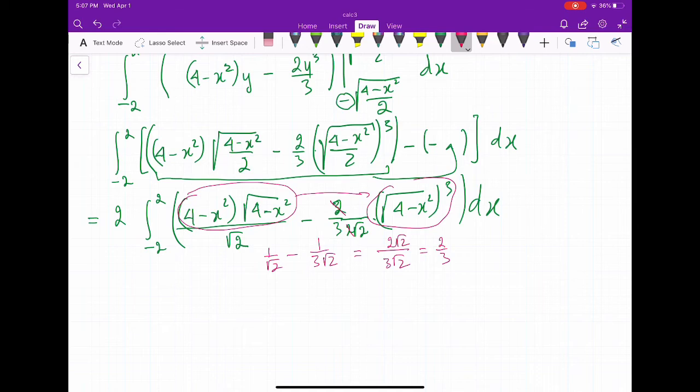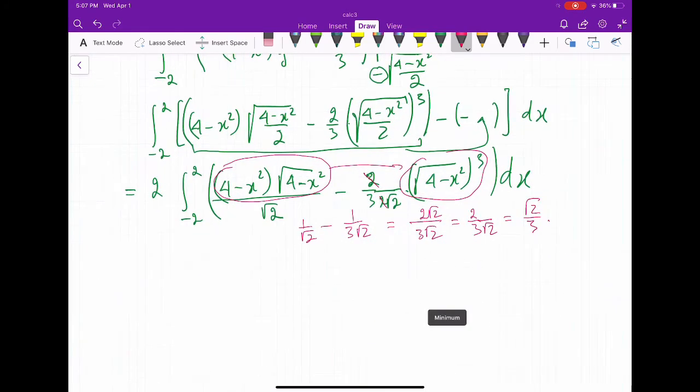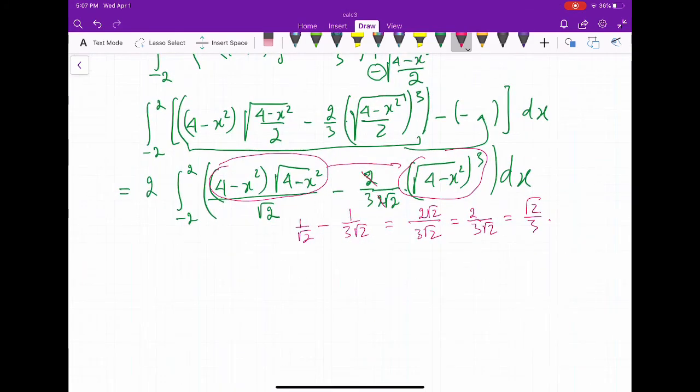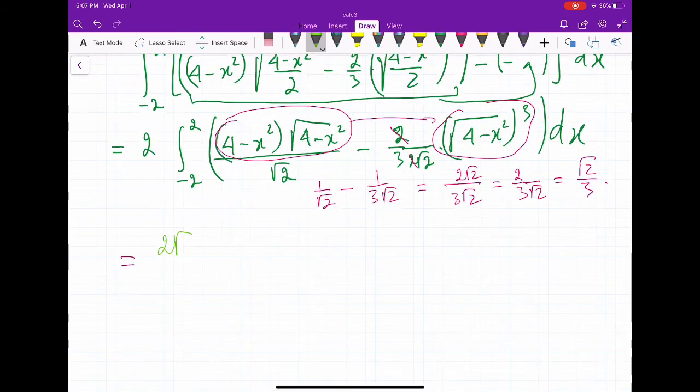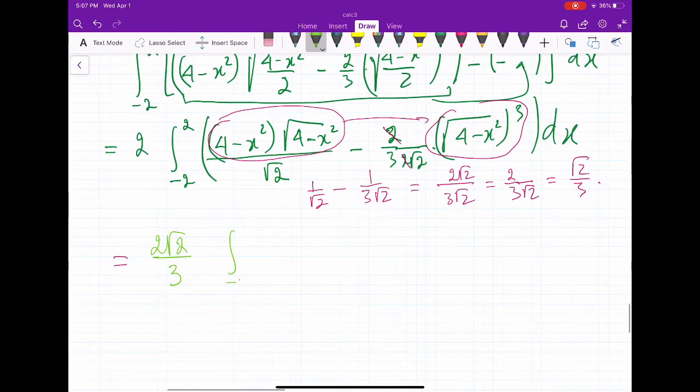No, not 2/3. You get 2 over square root of 2, right? So basically that is square root of 2 over 3. I can take that out. So basically the integral will be equal to 2 square root of 2 over 3 times the integral from negative 2 to 2 of (4 minus x squared) to the power 3/2, dx.